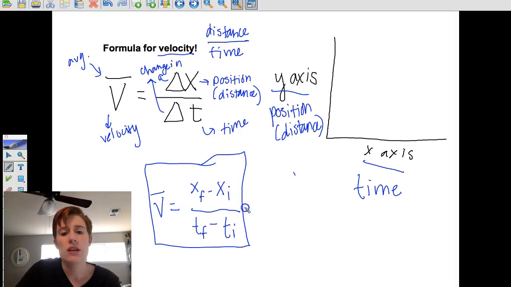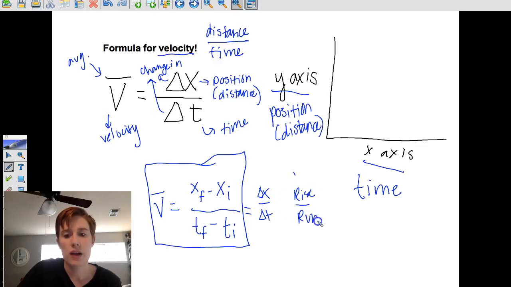So if you notice, velocity, change in distance over change in time, looks a little bit like what you learned in algebra, that was rise over run. Rise over run stood for your change in y divided by your change in x. In our case, where do we find our change in x?